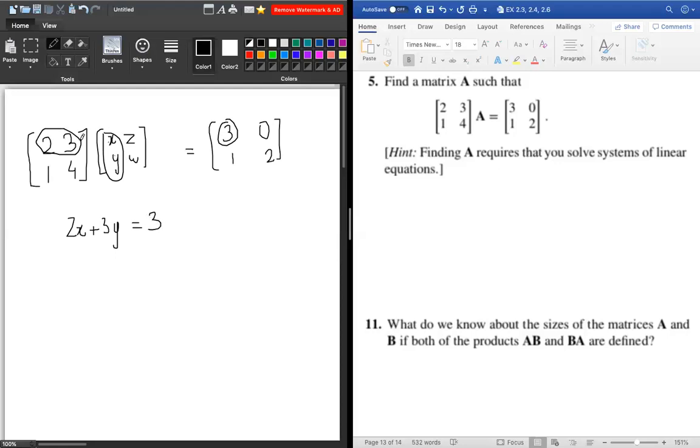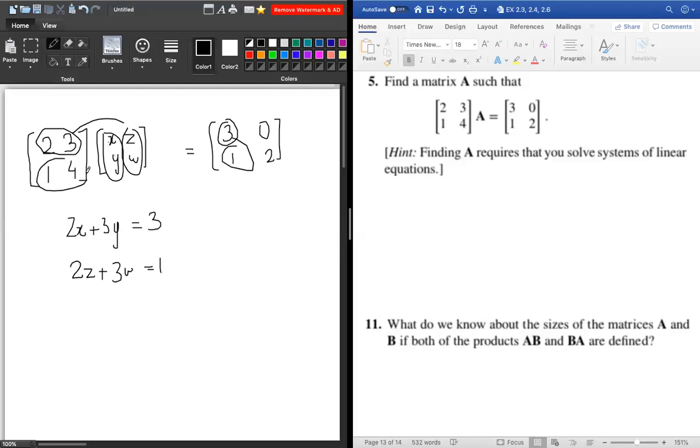Then we multiply the same row with the next column to get 2z plus 3w equals 1.